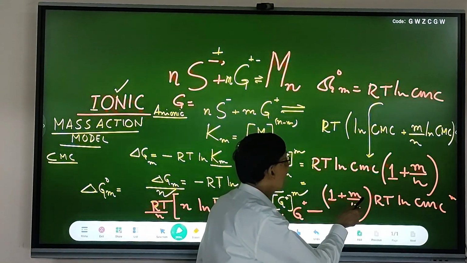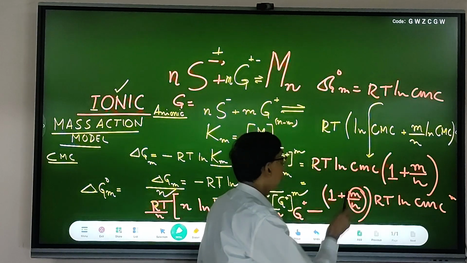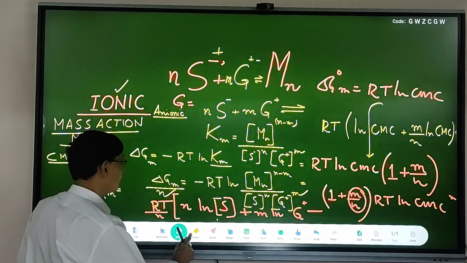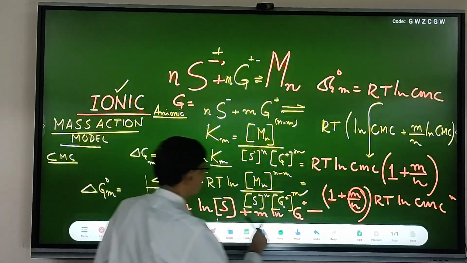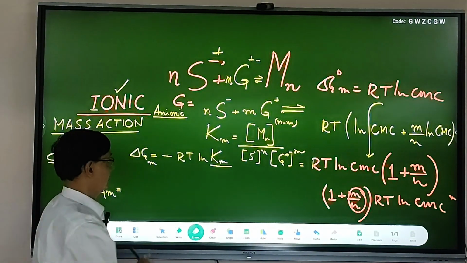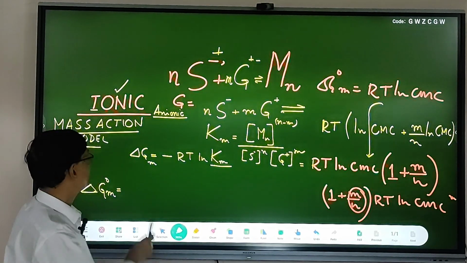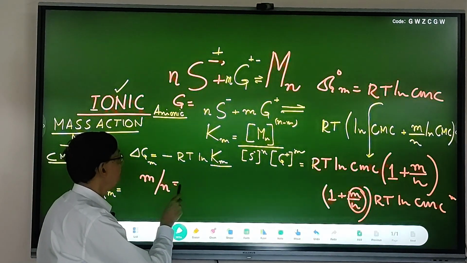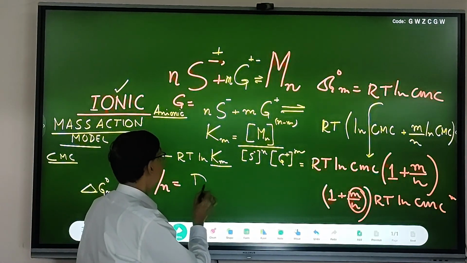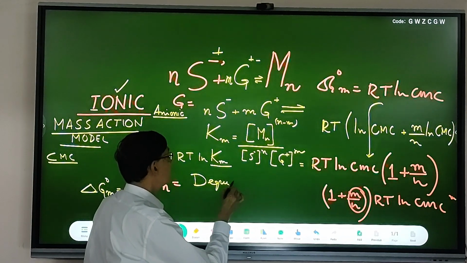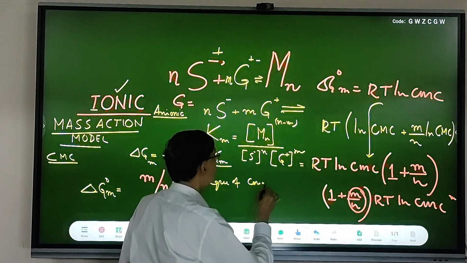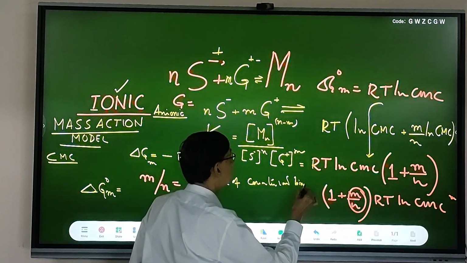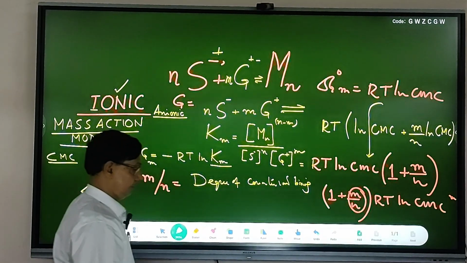So in this, m by n is nothing but the degree of counter ion binding.